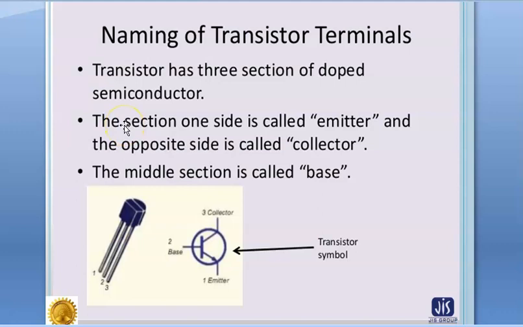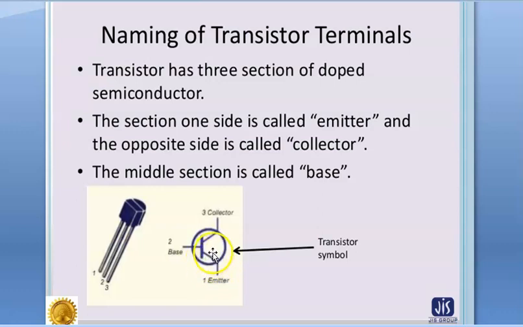The first section is called emitter, and the opposite side is called collector, and the middle section is called base. This is the transistor symbol. Actually, particularly it is the NPN transistor symbol. How? In the emitter terminal there is an arrowhead.